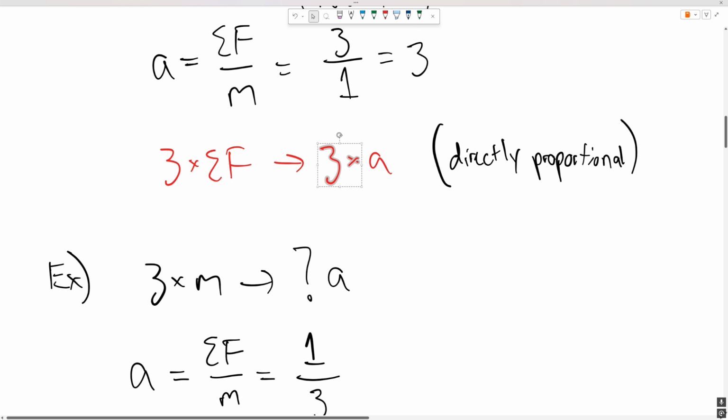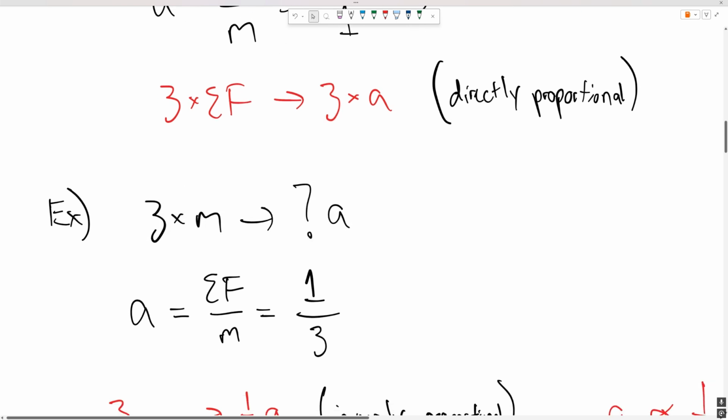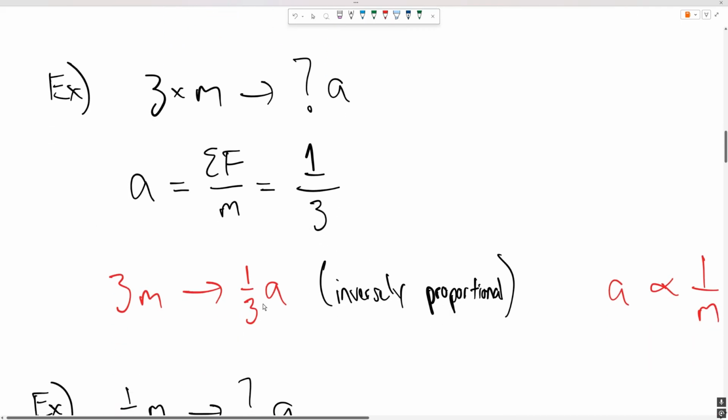Okay. Now, what happens if we triple the mass? What happens to the acceleration? We'll use the rule of one again. Our net force is not changing this time, so we put in a 1. The mass is tripling, so we put in a 3. So the acceleration goes down by a factor of 3, or in other words, you get 1/3 of the acceleration if you triple the mass.